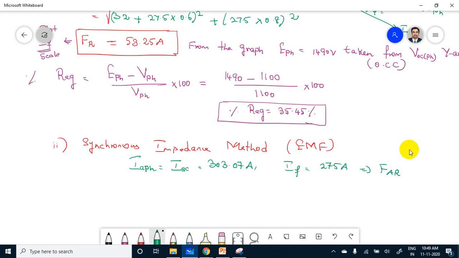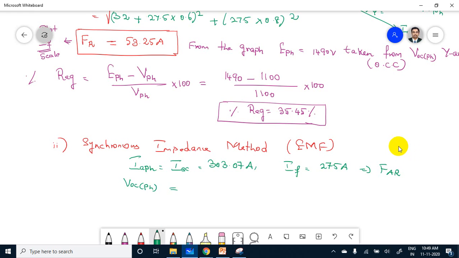And VOC phase will be how much? Any idea? Earlier it was 1490, but here we have to take it from the graph.